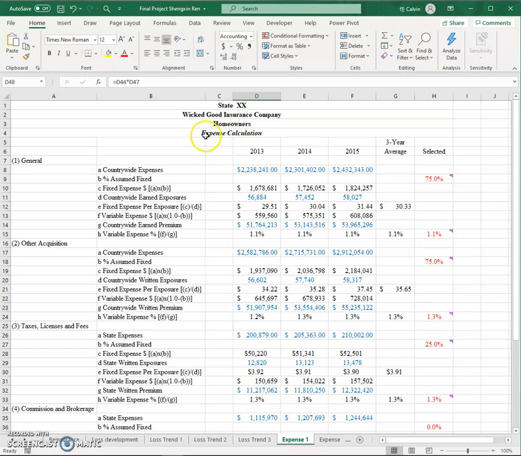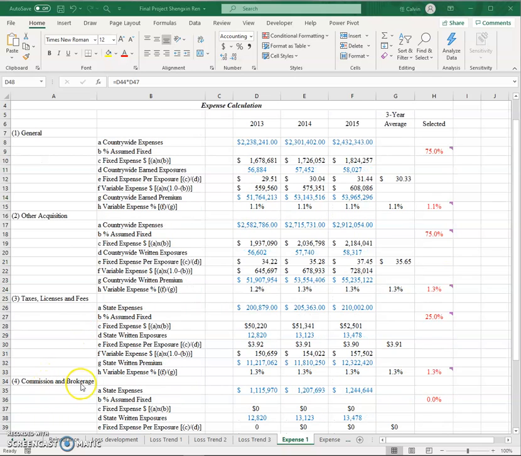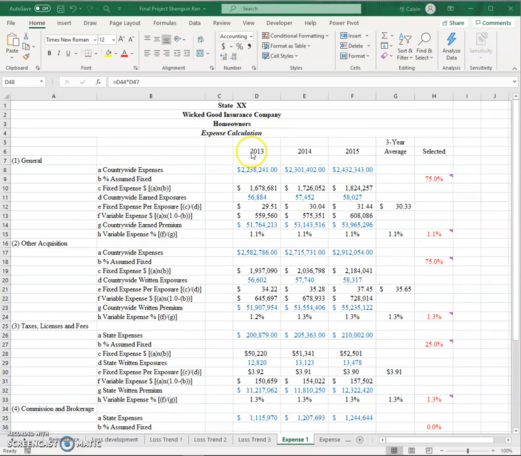And now I'm going to explain the expense calculation. The expense calculation includes general, other acquisition, taxes, license fees, commission and brokerage, from 2013 to 2015.